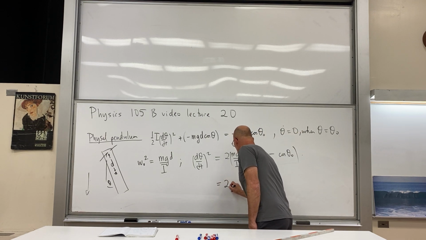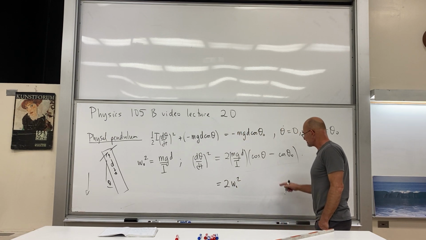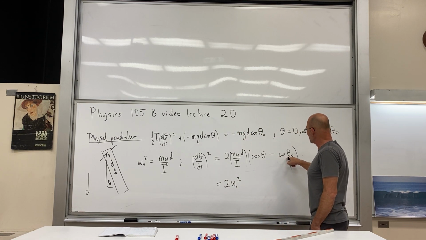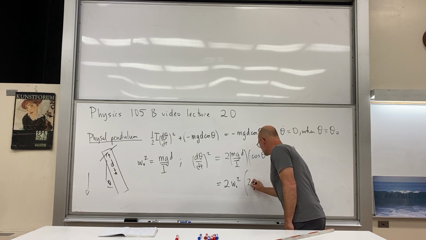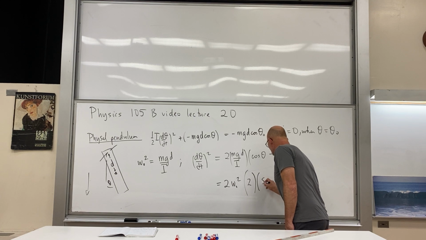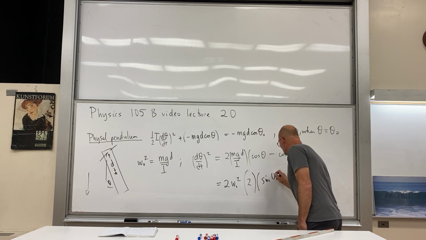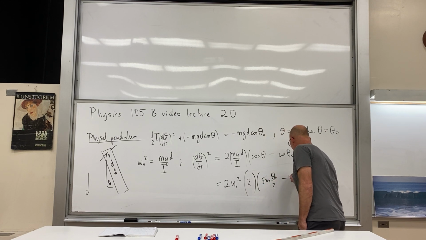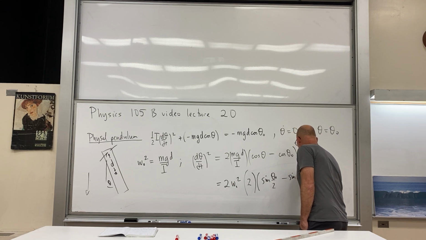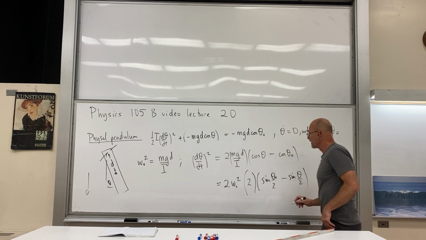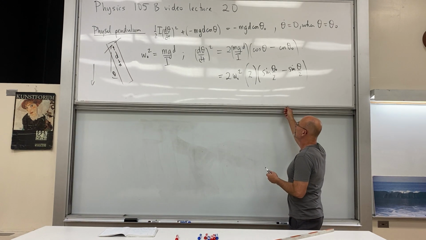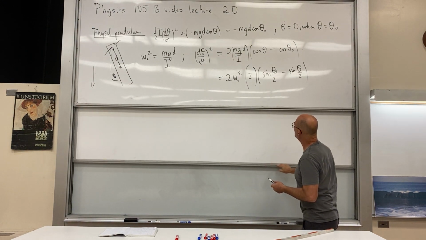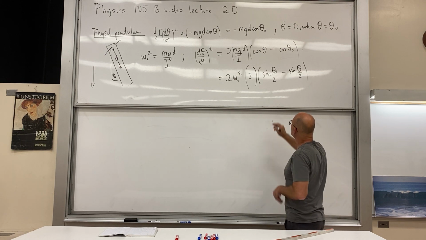We're going to have 2 omega naught squared. Now this cosine theta minus cosine theta naught can be written 2 times sine squared theta naught over 2 minus sine squared theta over 2. And I'll show you how that goes. That's just from an identity.